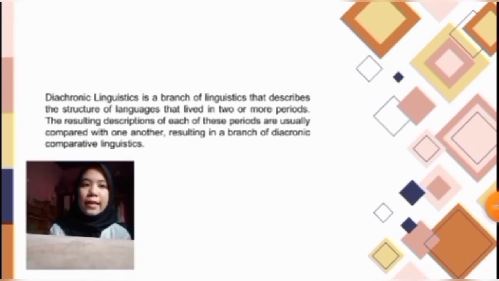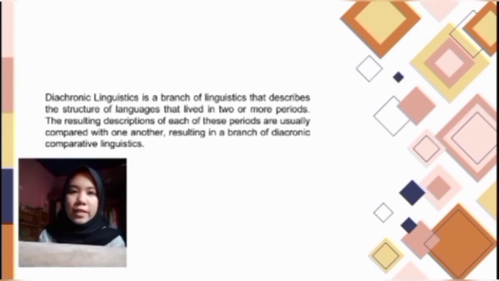Linguistics examines language without any time limit. It's vertical because it makes comparison of language from time to time. It is historical and comparative; development and structural change of language can be clearly identified.